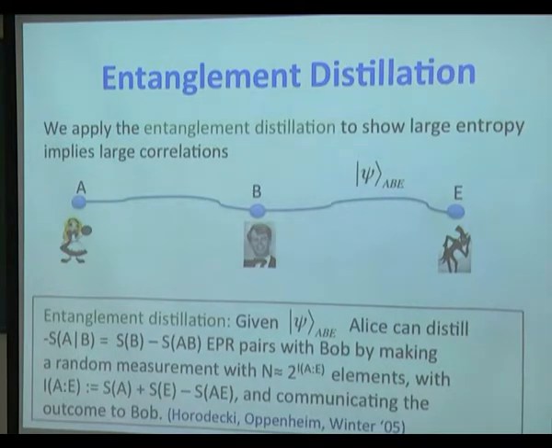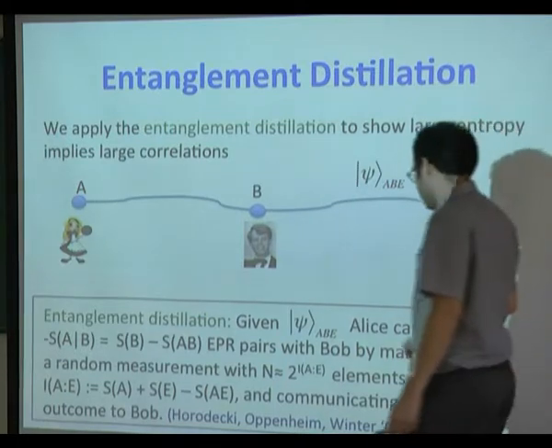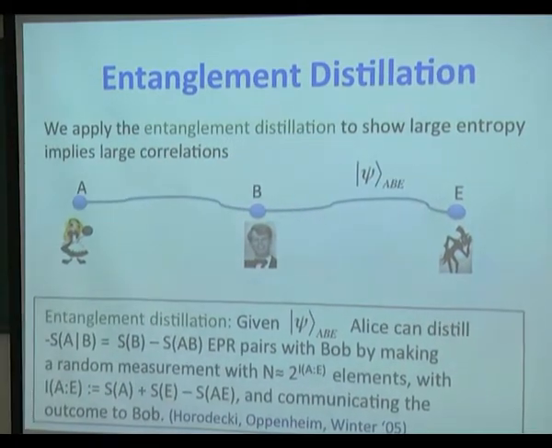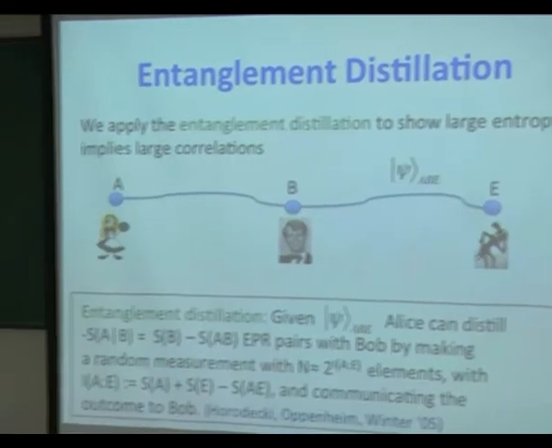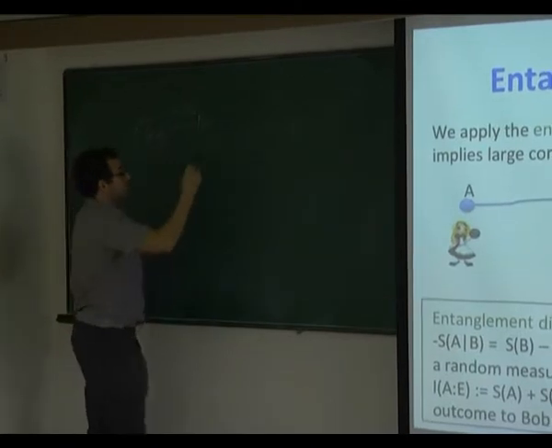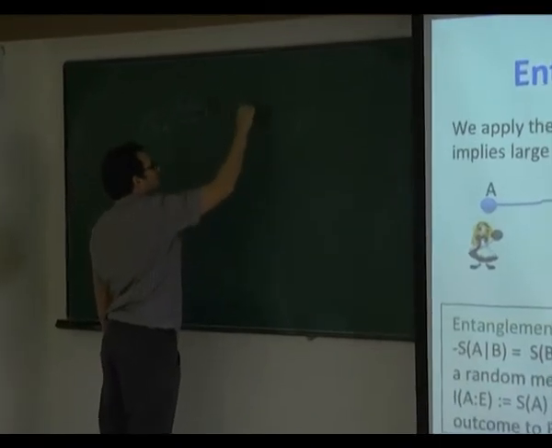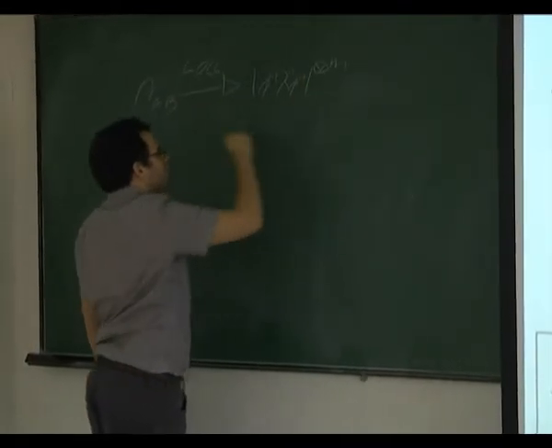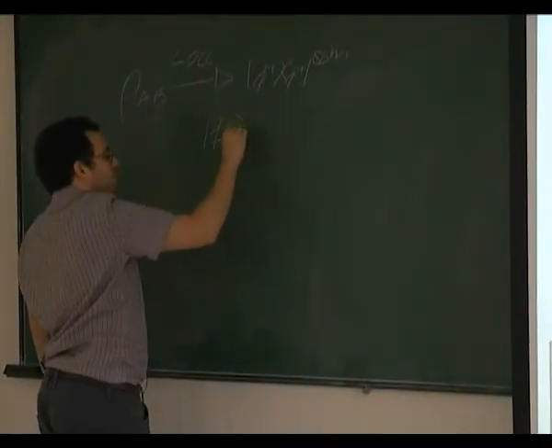I already wrote it, but let me write again, right? So the goal is to start from rho AB by LOCC to get some copies of a maximally entangled state. This is the EPR pair.